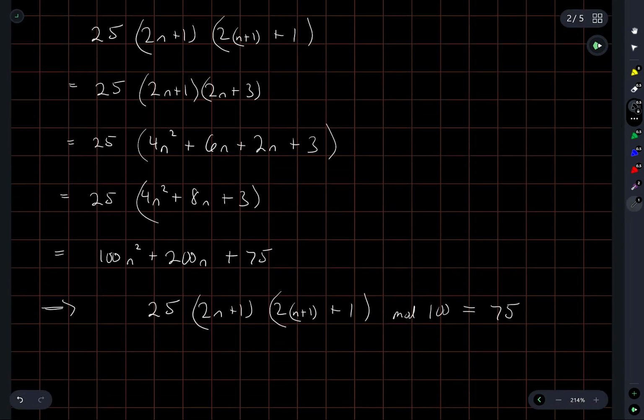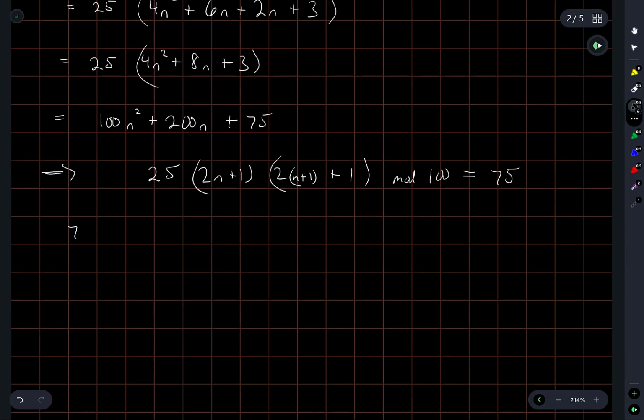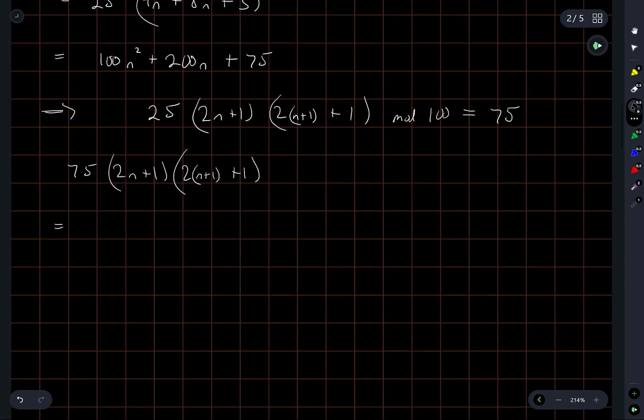Okay, so I've shown that if I have 25 and multiply by two consecutive odd numbers, then mod 100, I end up with 75. And I'm sure if I do the same thing here, 75, and multiply by any two consecutive odd numbers, this will probably come out to 25, but let's just make sure.